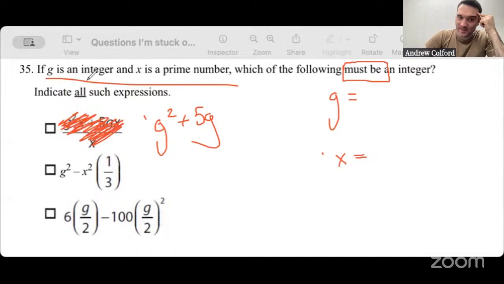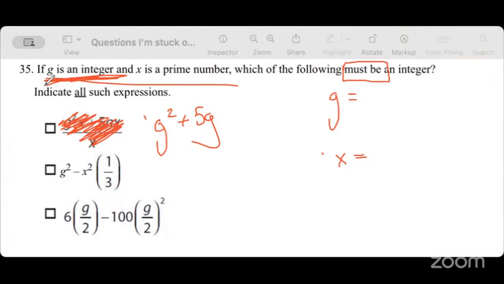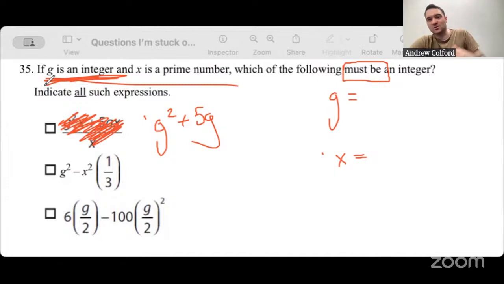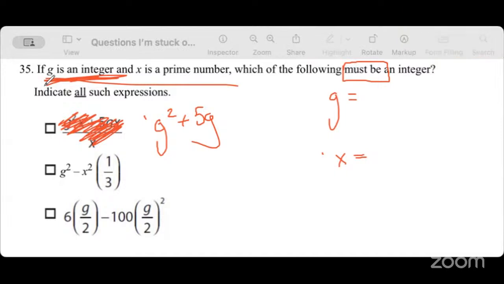G is an integer. That's all I know about G. If I square an integer, will it never not be an integer? No, it'll always be an integer. Whether the integer I'm using is 1, 0, a billion, 10,000, whatever.